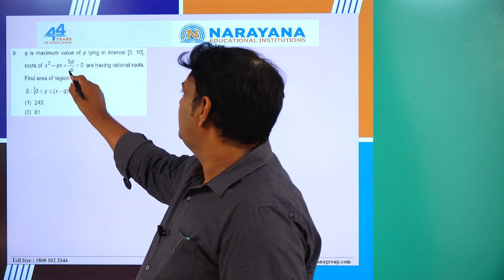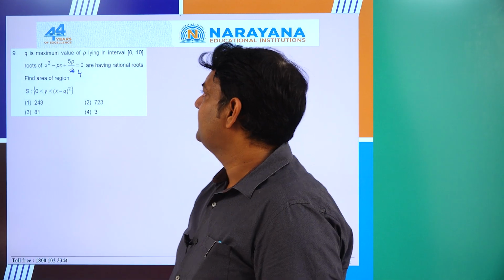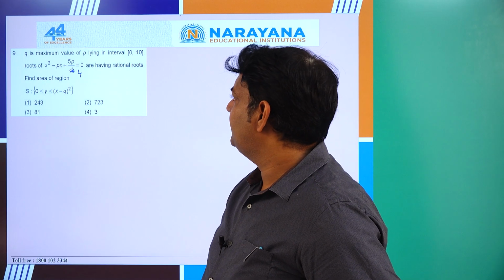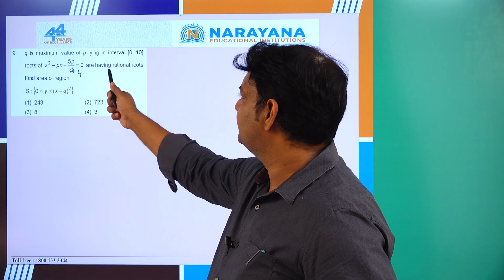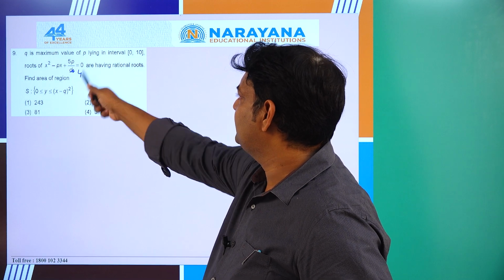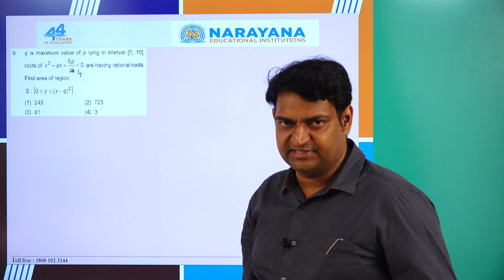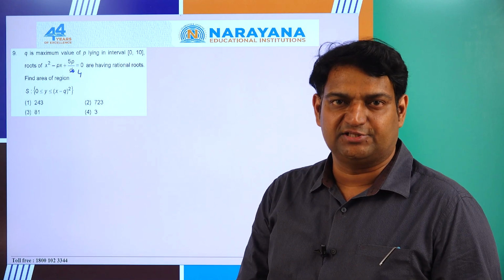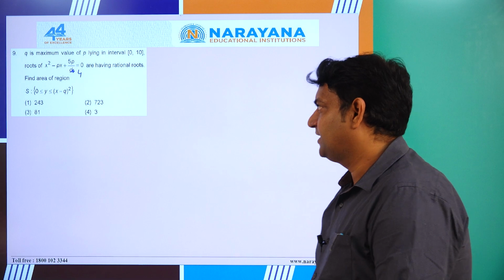Here I think there is a small mistake. This is 4. Okay, q is the maximum value of p lying in the interval, for which this equation has rational roots. Again, please try to understand, this is completely memory based, so you may find some grammatical mistakes also. Kindly consider that.